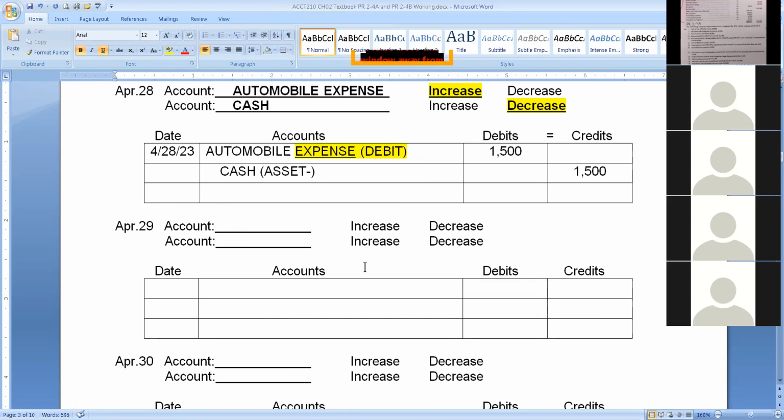Paid miscellaneous expense. I'm abbreviating that one. Maybe. No, that's actually right.